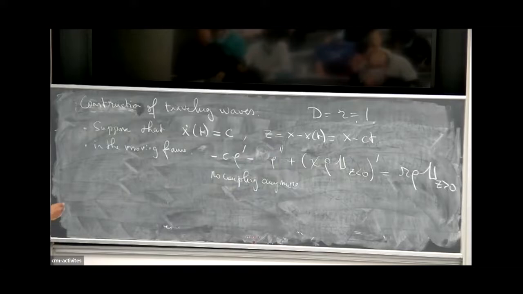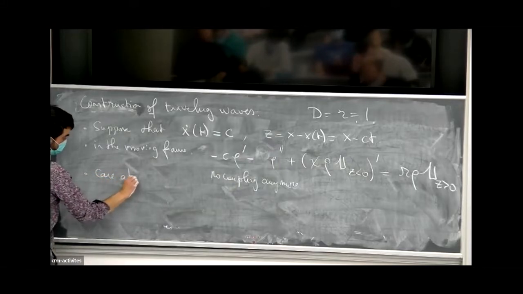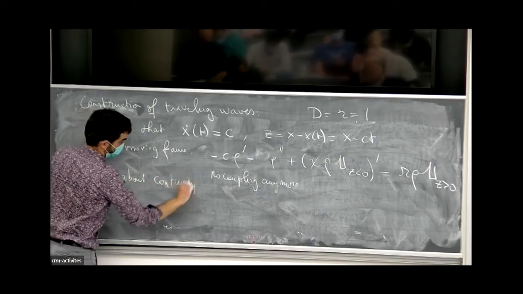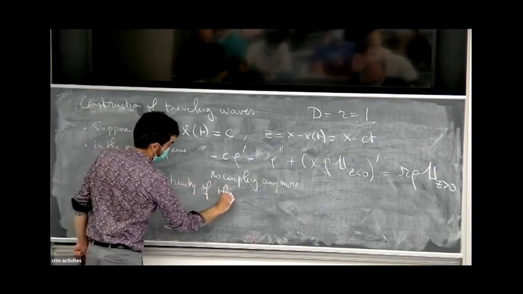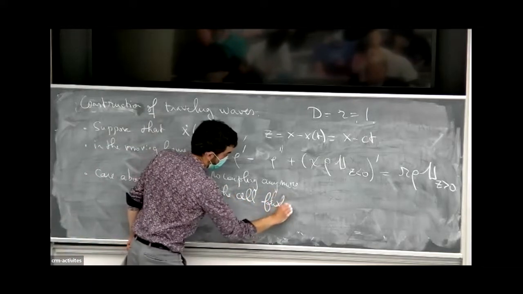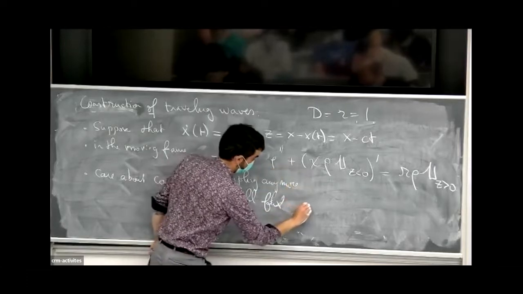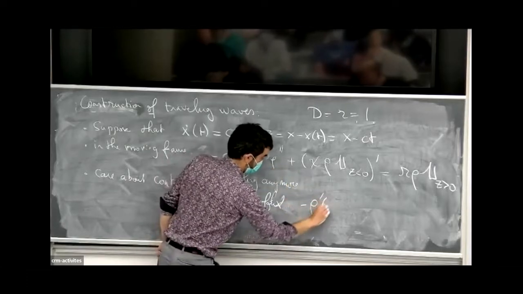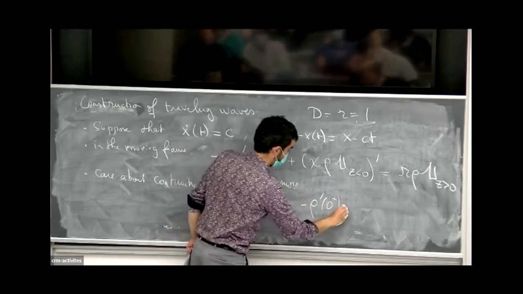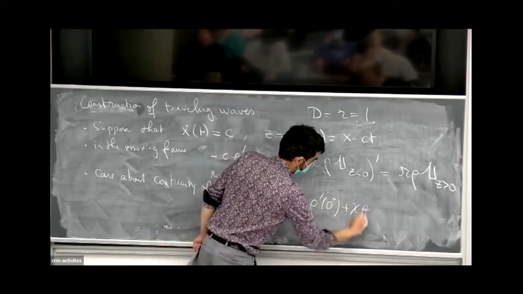So we have to care about continuity of the cell flux, which means that on the left side, the cell flux is a diffusive flux plus advection.